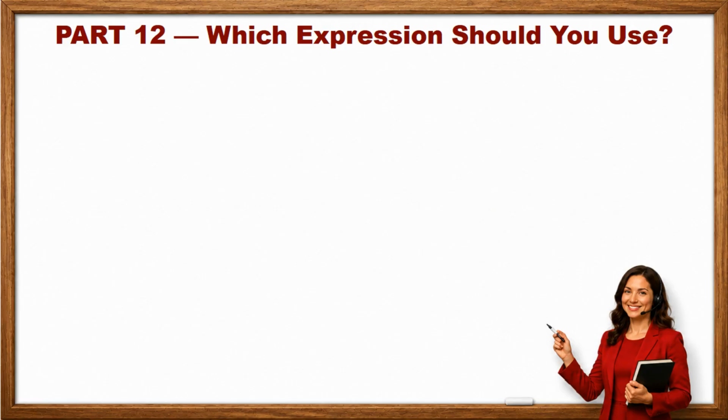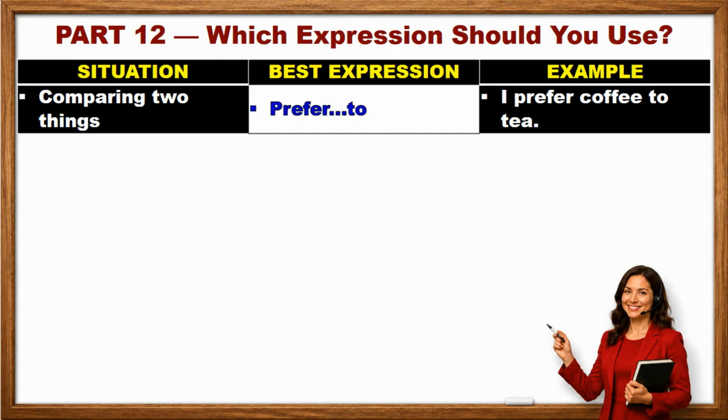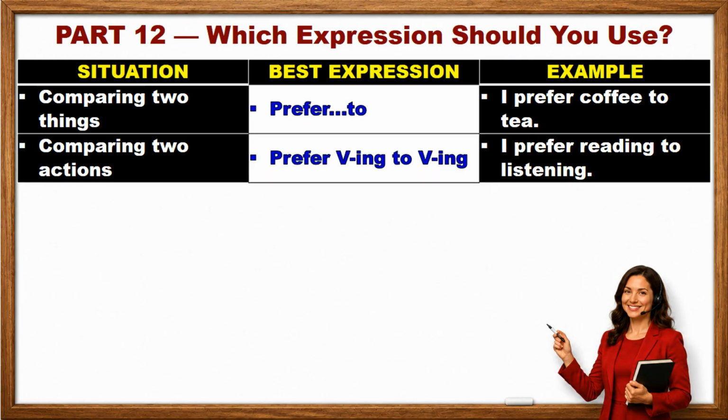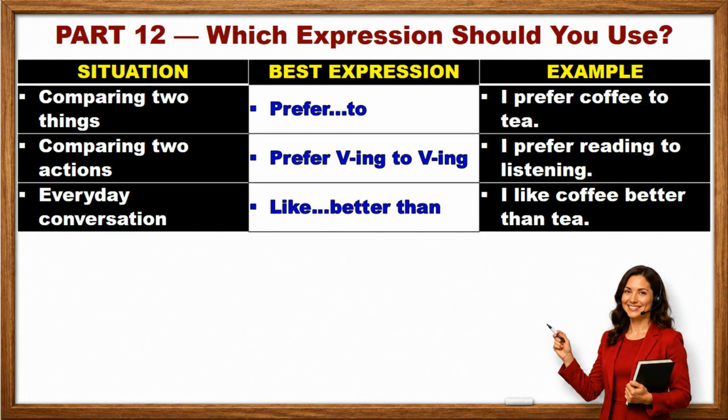Part 12. Which expression should you use? Situation, best expression, example. Comparing two things. Prefer, to. I prefer coffee to tea. Comparing two actions. Prefer V-ing to V-ing. I prefer reading to listening. Everyday conversation.